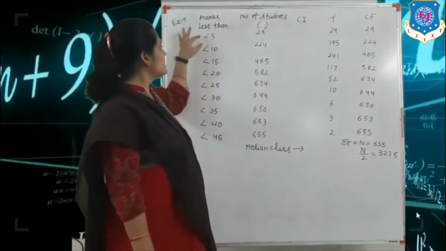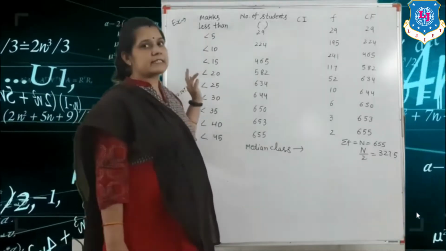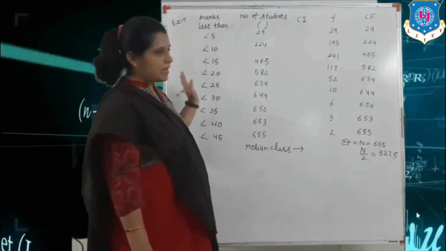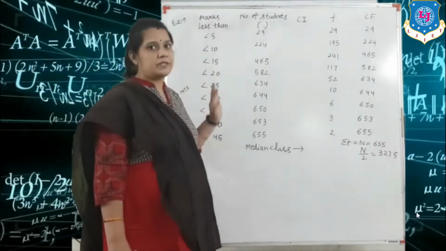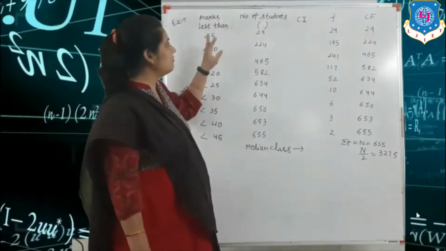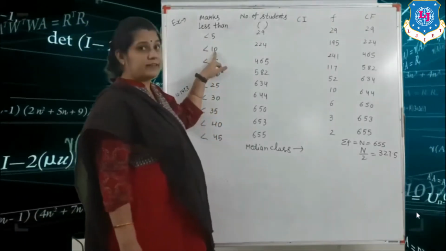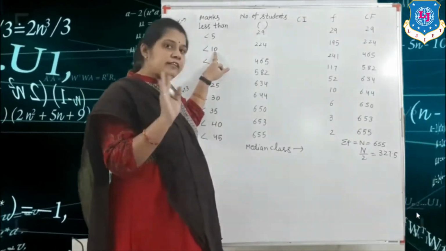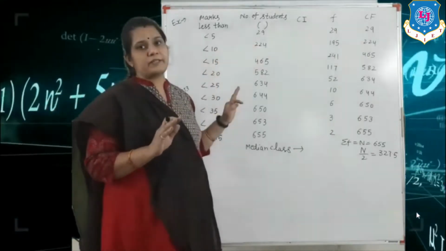So this is the less than type of frequency distribution because it is given with the less than sign. Second, for marks less than 5, the number of students is 29. Listen carefully. Less than 5 marks, the number of students is 29. But marks less than 10: in the less than 10, less than 5 are already included. Got it? So the total number of students is 224.